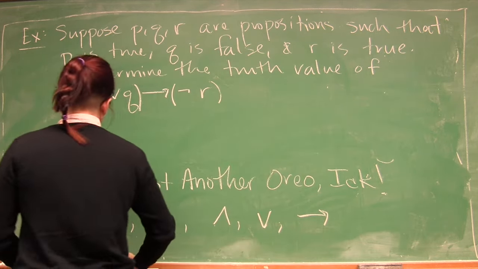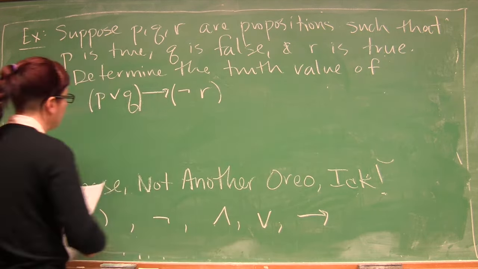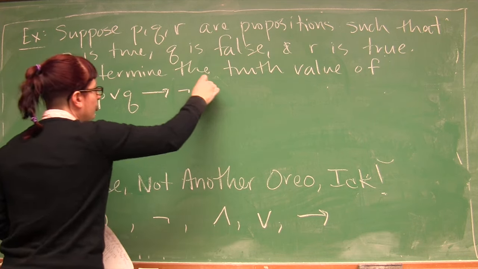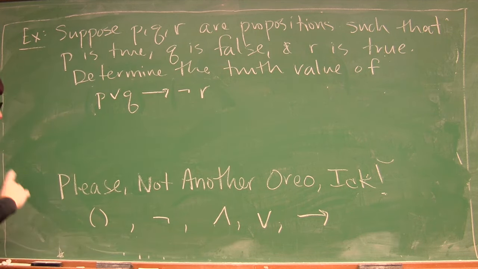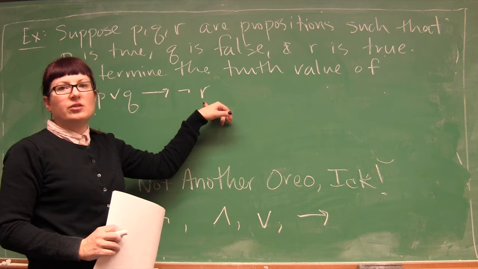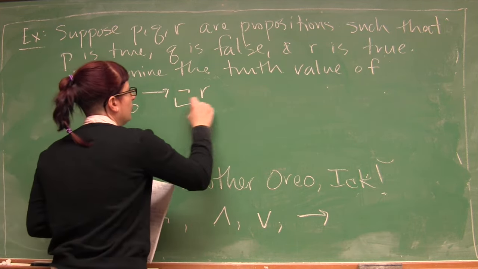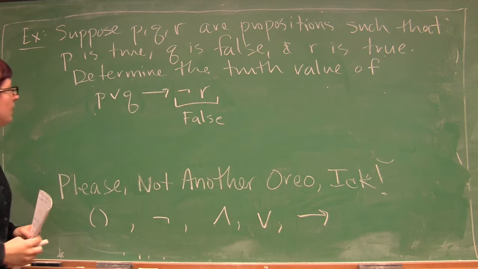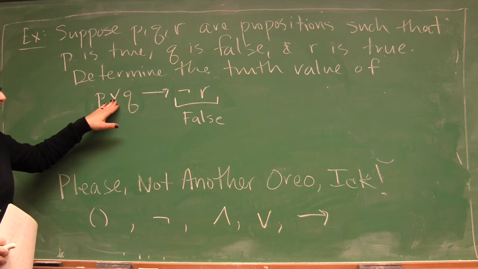If we apply this to this problem, then without needing the parentheses here, we know the implication is the last thing we should do. The first thing we should do is deal with the negation, right? We know that R is true, that's given, so we know that not R is false. Next, we should deal with the or.